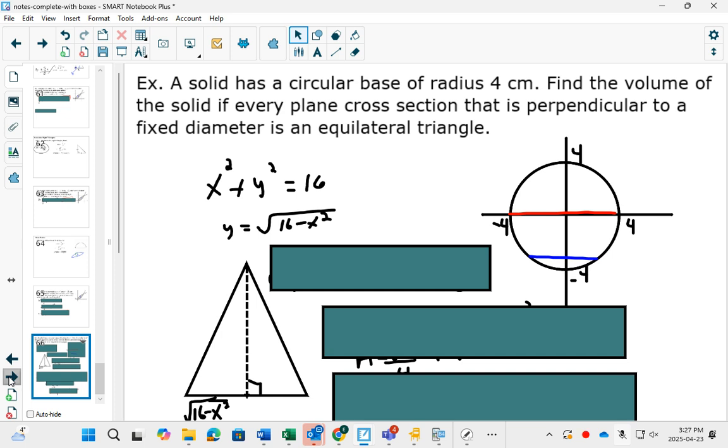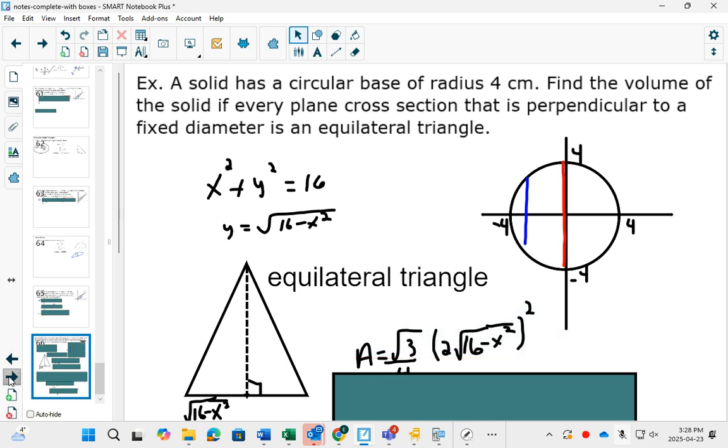I'm wanting to do this, right? Perpendicular to the x-axis. I could get the x by itself. It's going to be exactly the same answer, because you could take whatever shape you get and rotate it. But this is technically what I'm doing by getting my y by itself.